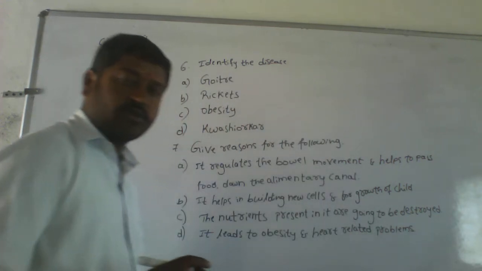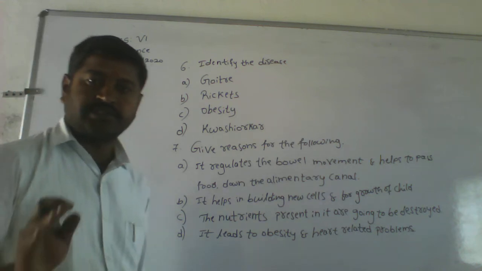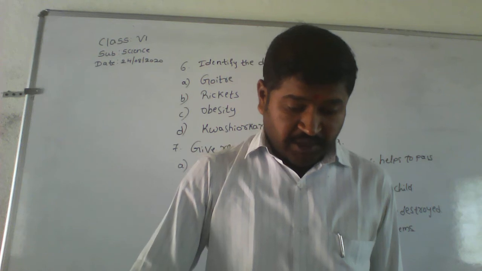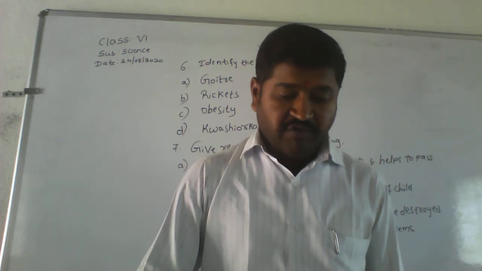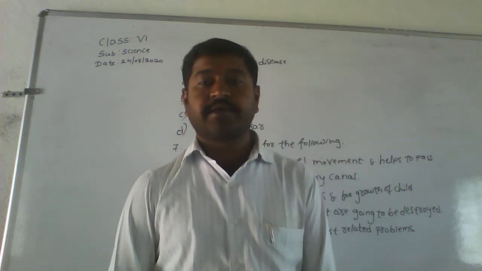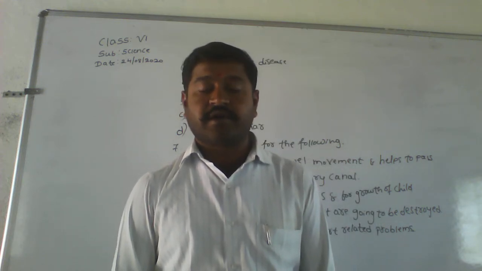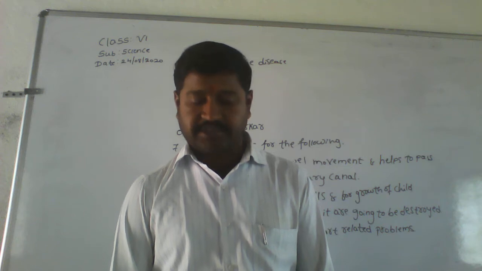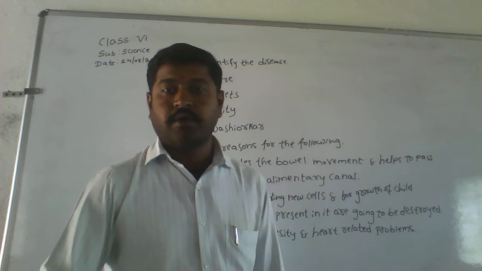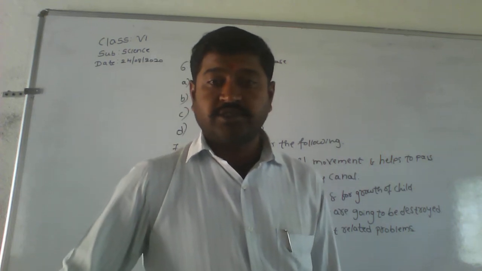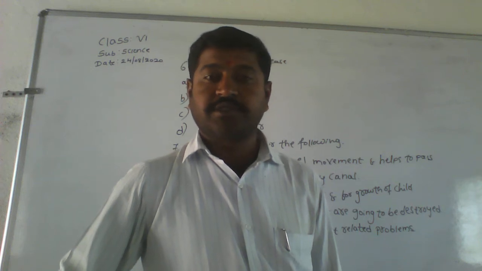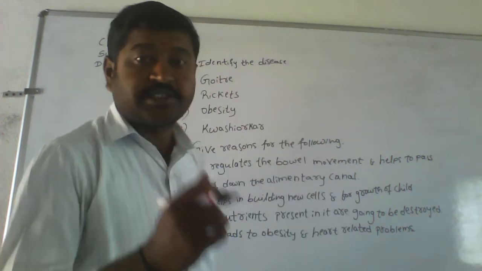So we should say no to junk food. Then the fifth one, E: water is essential for our body. Why is water essential for our body? Because it helps in transport of nutrients. Water transports nutrients in the body, and it also helps to maintain constant temperature.